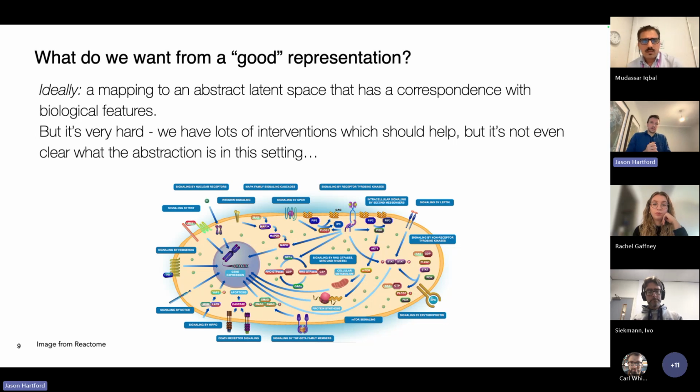Now, I think many in biology would agree that if we could have a model that maps from an observation of the cell to an abstract latent space that gave us biological features, we'd be very happy. But this is very hard to do because, despite the fact that we have a lot of interventional data, even defining the right kind of latent variables for a cell in these settings is unclear. If I'm measuring a microscopy image, what are the latent variables associated with that image?